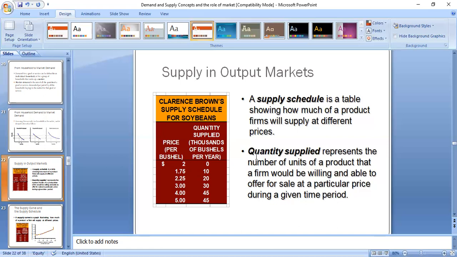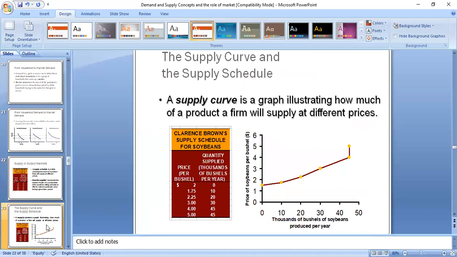Then the quantity supplied will basically be those amounts, yeah? This is the amount, the quantity supplied, for example, in this column 0, 10, 20, 30, 45, right? The amount availed to the market at a given price in a given period of time.